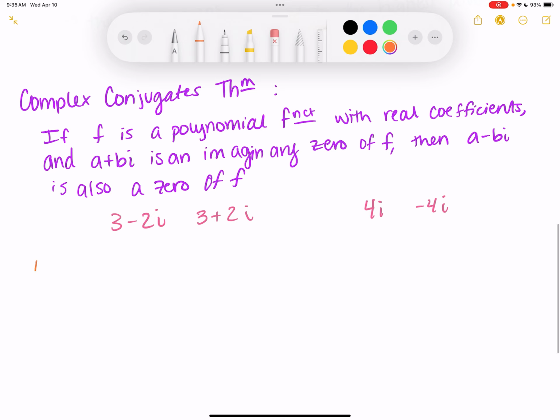Similarly, we have an irrational conjugates theorem.